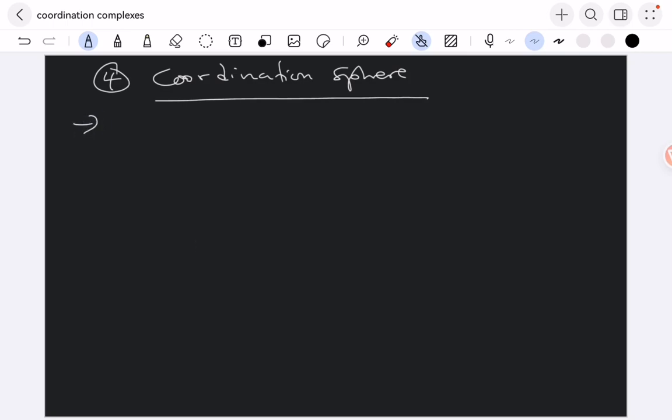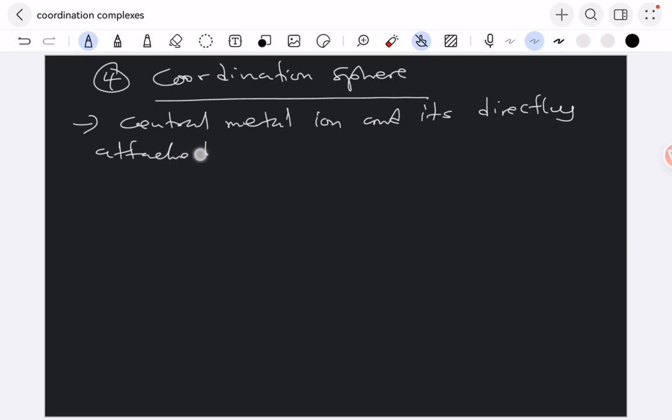This implies the central metal ion and its directly attached ligands. Usually they are shown in square brackets.